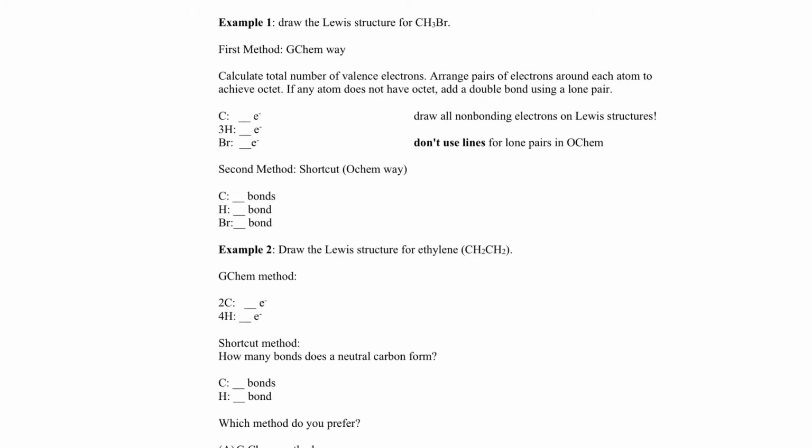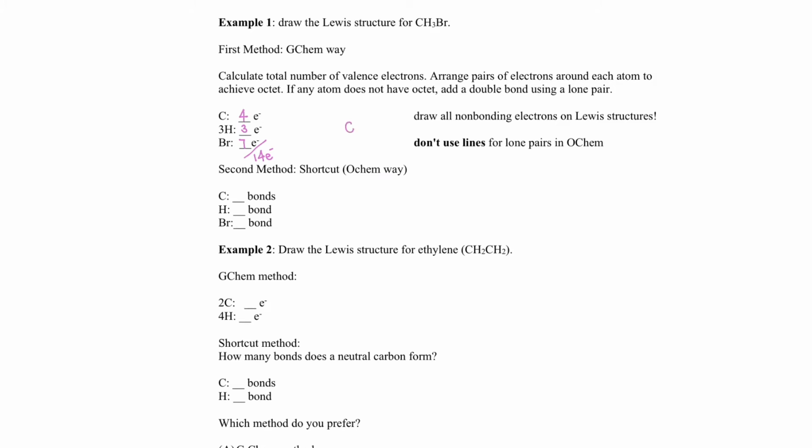Then if any atom doesn't have octet, then you add a double bond using a lone pair. So let's start from the beginning. Let's calculate the total number of valence electrons. Carbon is 4, 3 hydrogens is going to be 3, and bromine is a halogen, so that's 7. Total 14 electrons.